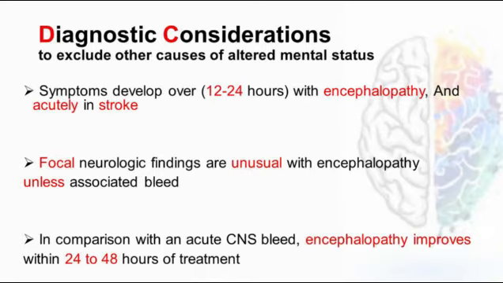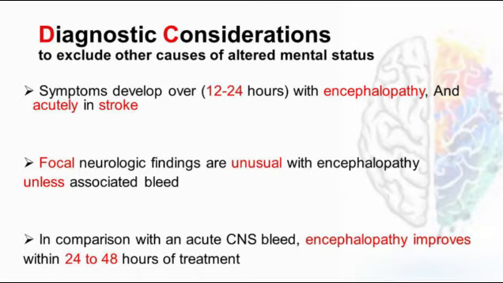In hypertensive encephalopathy, usually the symptoms develop over 12 to 24 hours. It takes a long time, whereas in stroke it is acute. There will be no focal neurological deficit in encephalopathy.